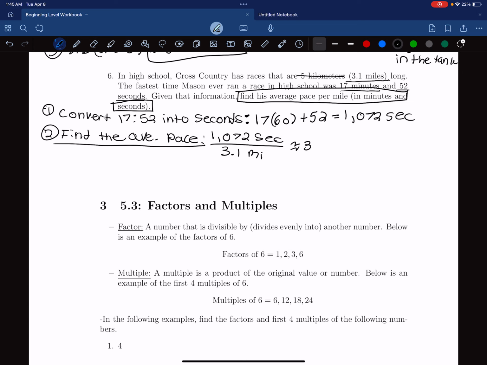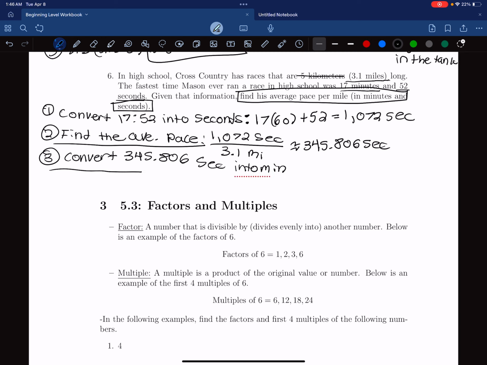And that is going to be approximately 345.806 seconds. And then our third step is to convert this 345.806 seconds into minutes.